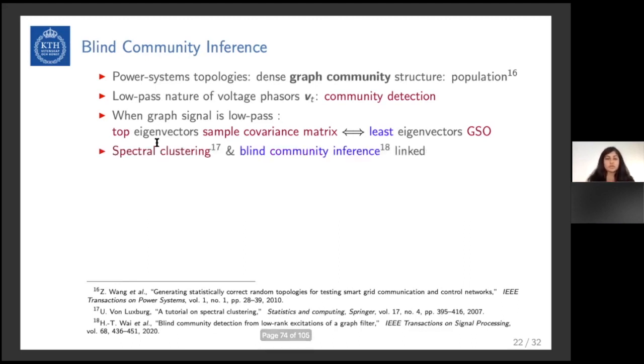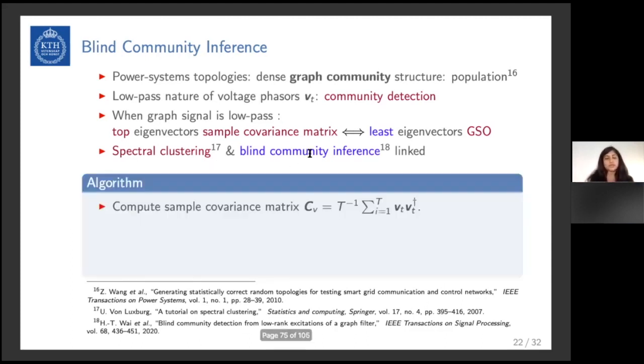So what this means is that standard spectral clustering, which is performed on the Laplacian or some type of the Laplacian of the graph, and blind community inference are linked. So therefore, the algorithm to do them is as follows.